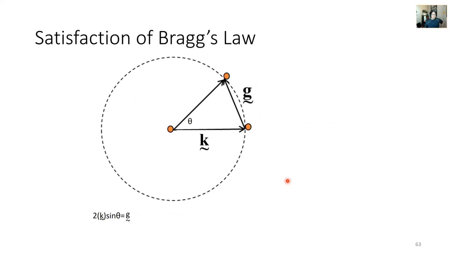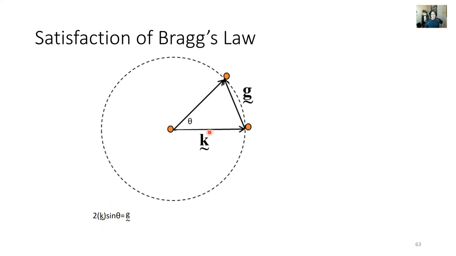All right, so we've worked out the camera constant. This is just showing it actually does satisfy Bragg's law, and I worked it out a little bit. So we have 2 times the k vector sine theta equals the reciprocal lattice vector. Based on that, this is when diffraction is occurring, basically.